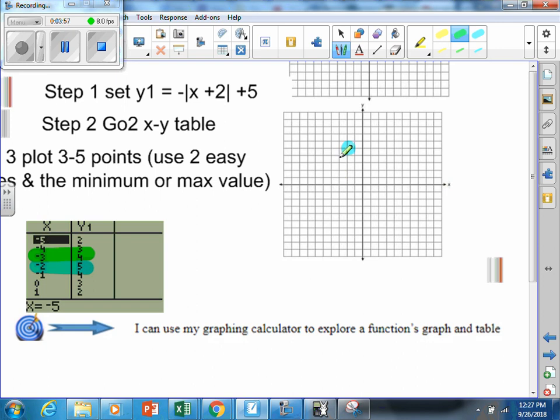Over 1, a 4. Boom. And let's do -5, 2. 1, 2, 3, 4, 5. Then 1, 2.